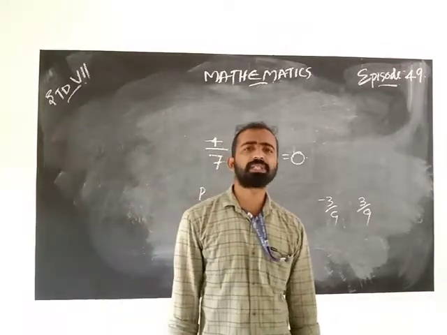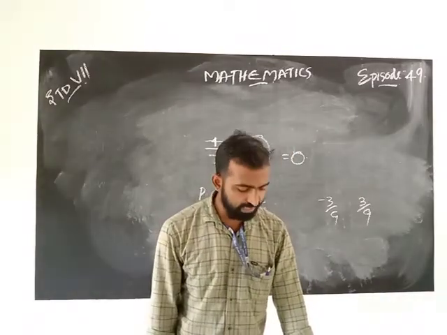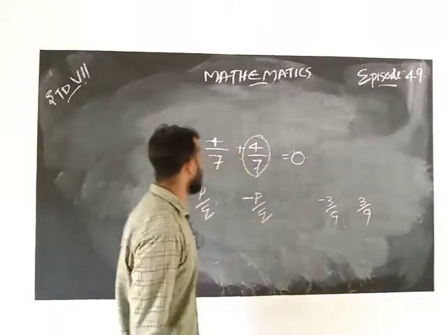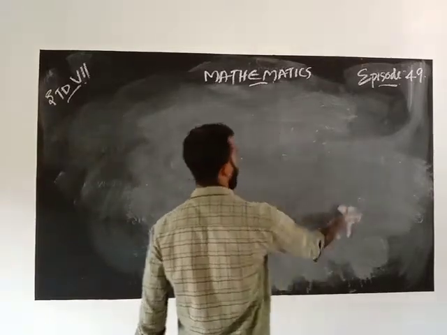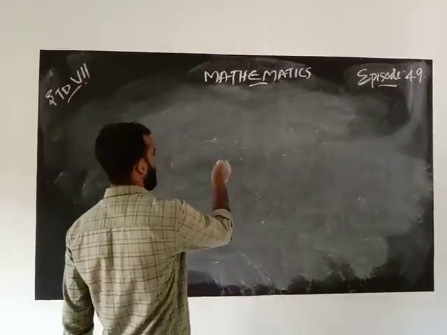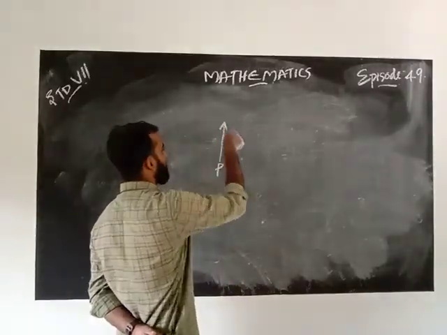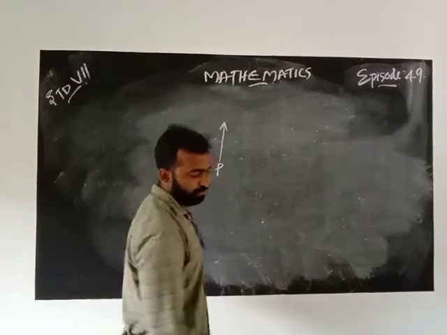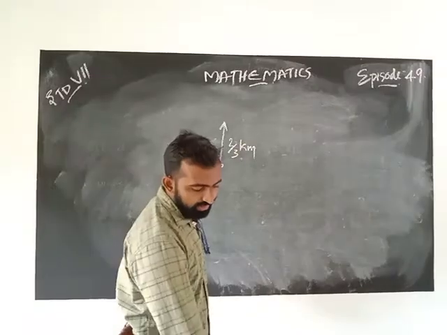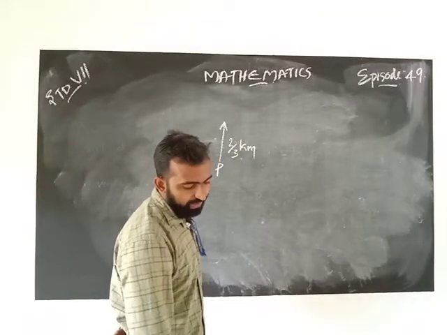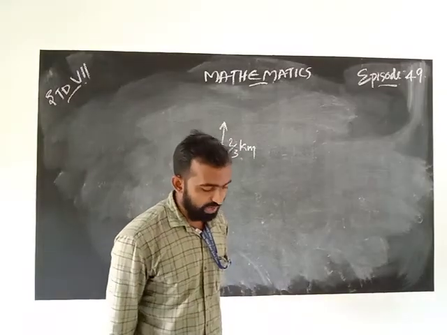Next we are going to discuss example 6. Saval walks 2 by 3 kilometers from a place P towards east, and then from there 1 and 5 by 7 kilometers towards west.